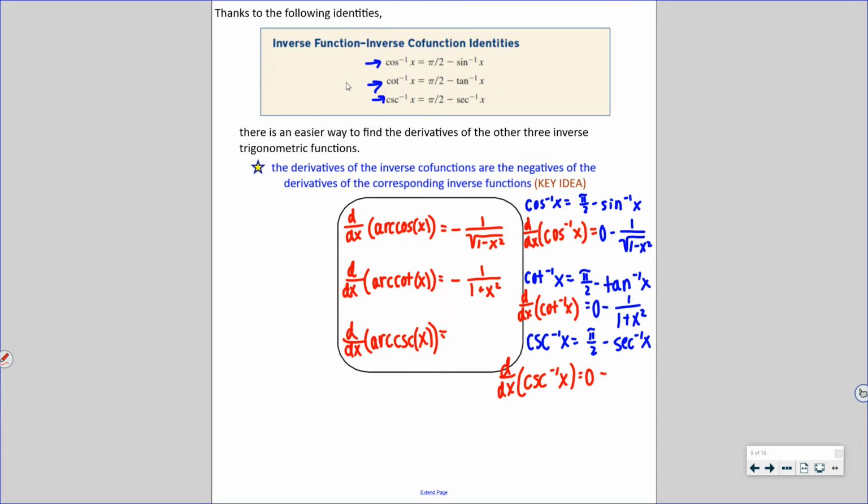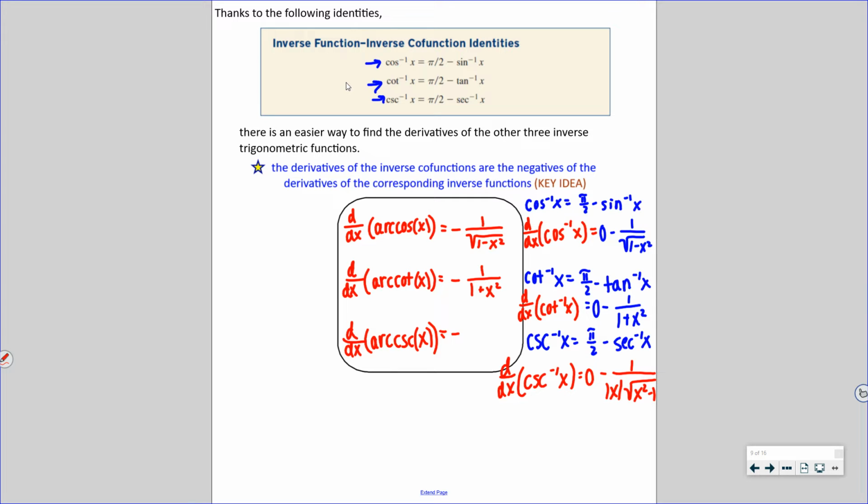Zero. And then the derivative for inverse secant, that was the one we just did, the absolute value of x times the square root of x squared plus 1 or minus 1? Minus 1. What do I have in my notes? Plus 1. Minus 1.